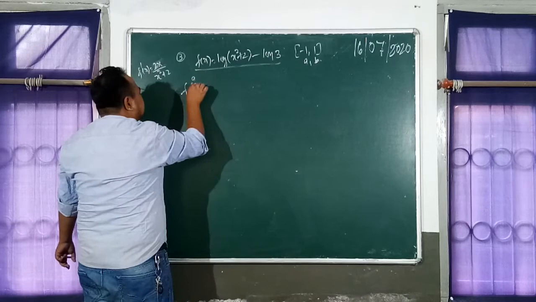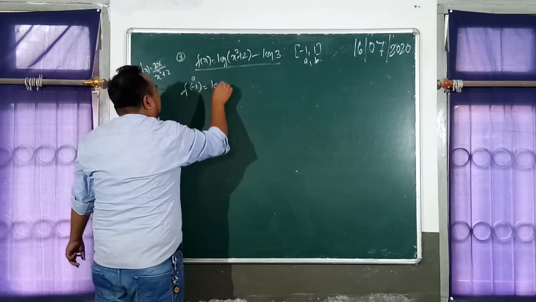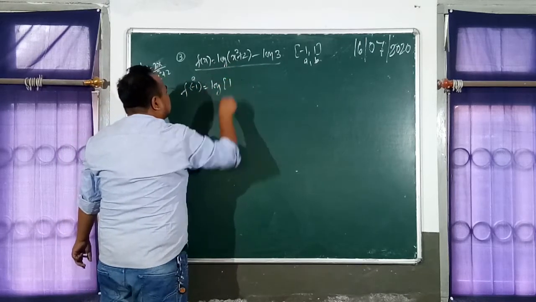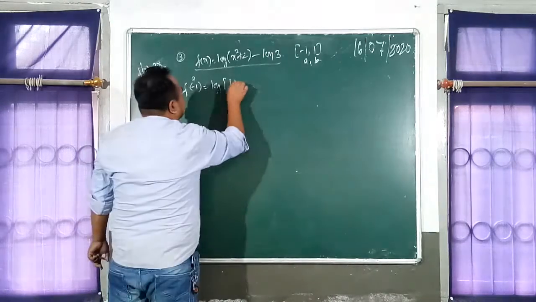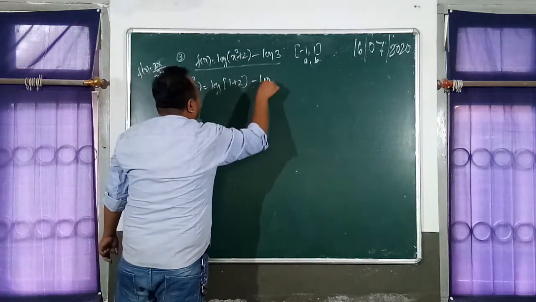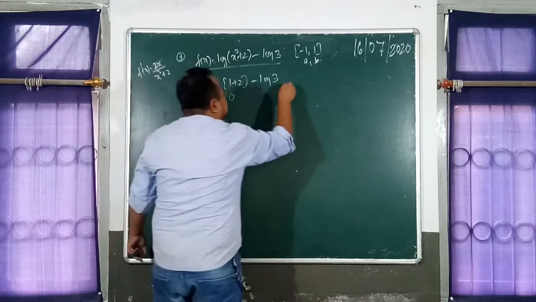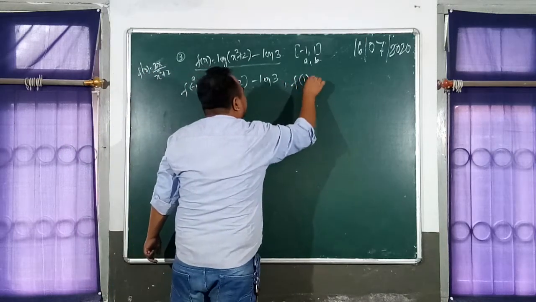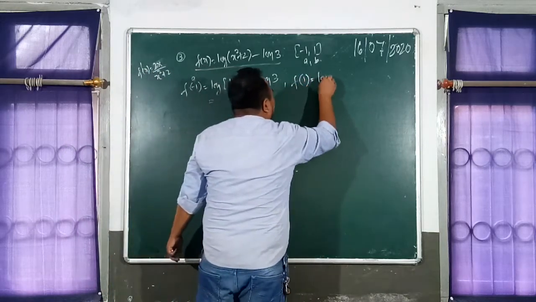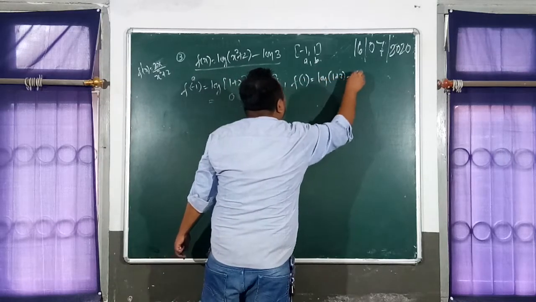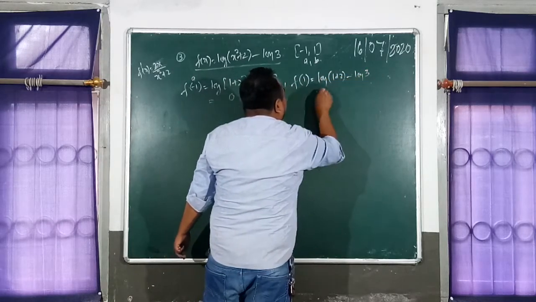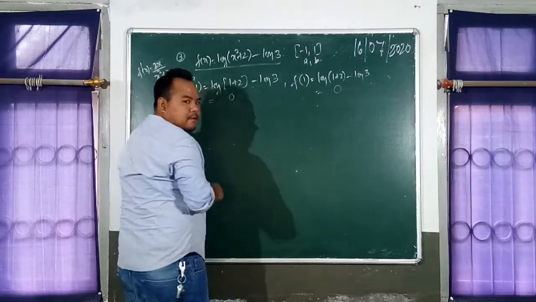What is a? It's -1. So this becomes log -1 times will be 1 plus 2 minus log 3. So log 3 minus log 3 is 0. Similarly, f of b is 1. So log 1 plus 2 minus log 3, that is log 3 minus log 3 is 0.